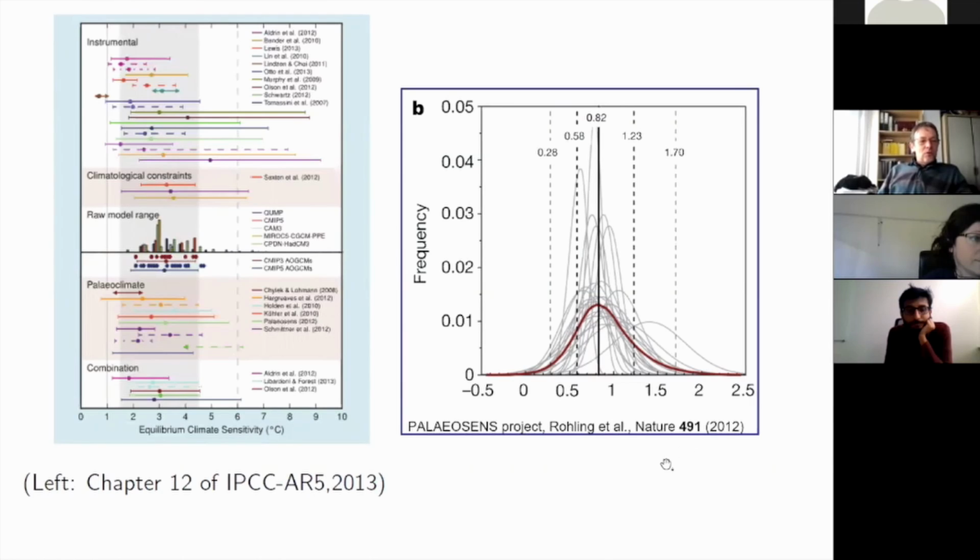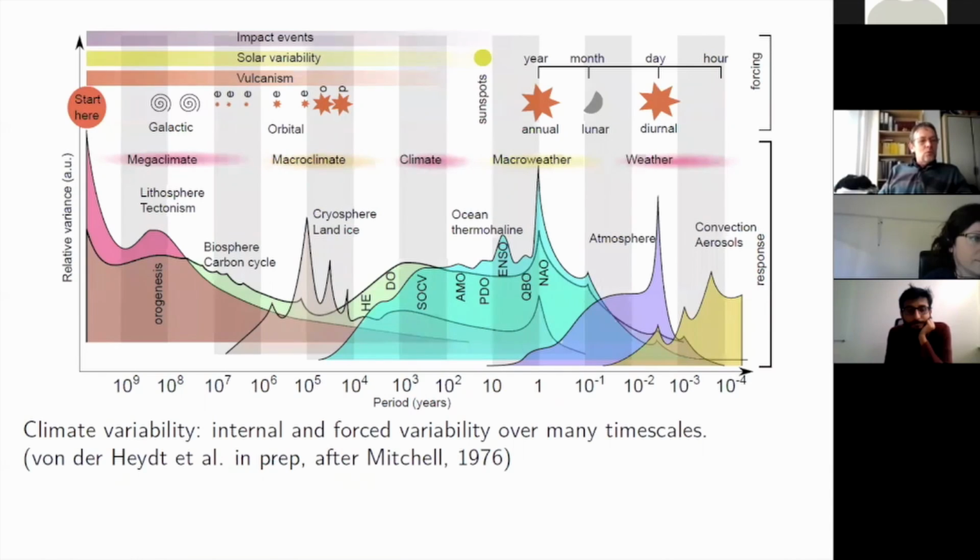Similarly, on the right, if you look at paleo data and you try and estimate equilibrium climate sensitivity, it seems to be maybe less broad than the current ranges, but still fairly broad. And of course, the issue here is what do we mean by fast feedbacks?